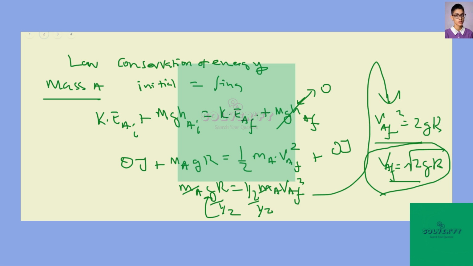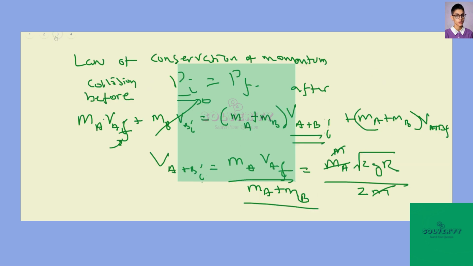This is for mass A, if you can recall. We have the initial potential energy, which is m_A g r, and then the final, when it's sliding downwards, is at the base level. Remember, there's no height, so it's going to be zero potential energy. We solve, we get the final velocity of A.